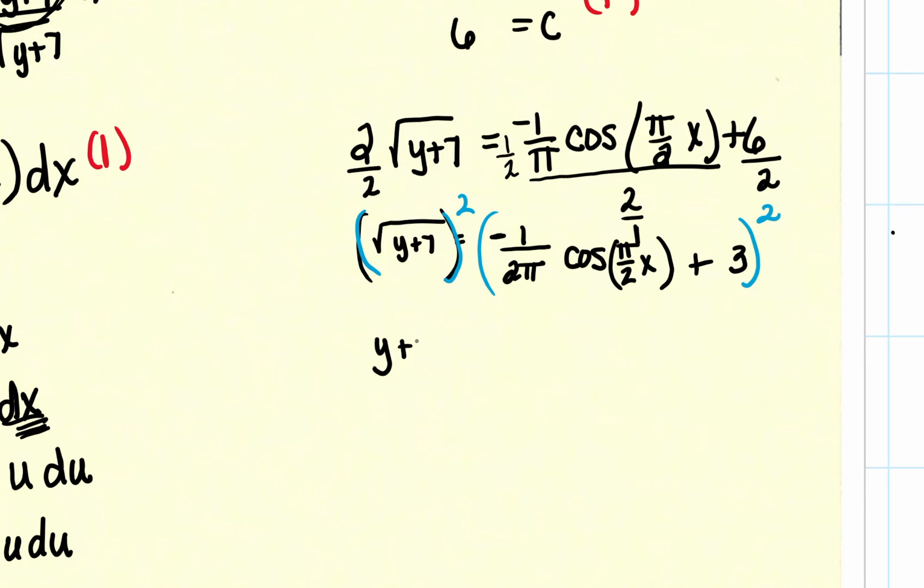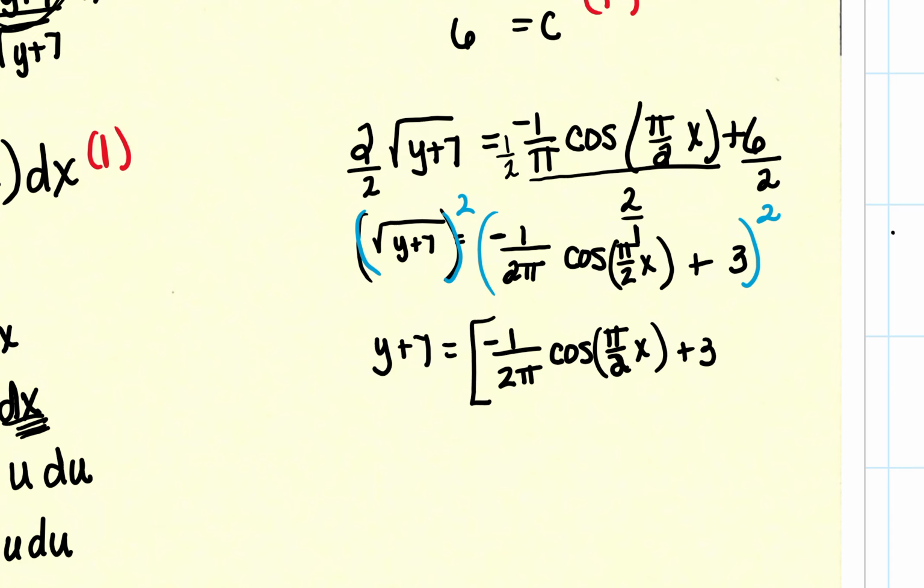That's just going to give me y plus 7. And I'm just going to say, you know what? We had to square this whole thing. Just don't even touch it. Just write it like it is. Quantity squared. I'm going to turn into brackets now. And then we're solving for y. So just simply subtract your 7.